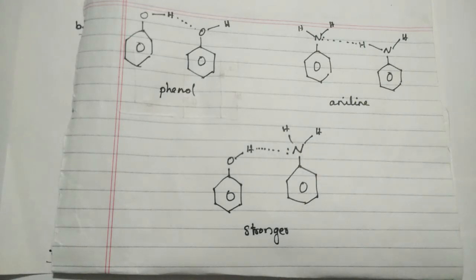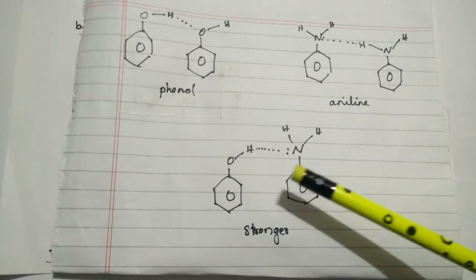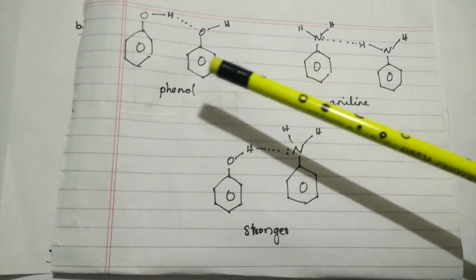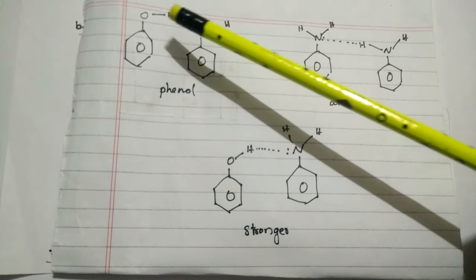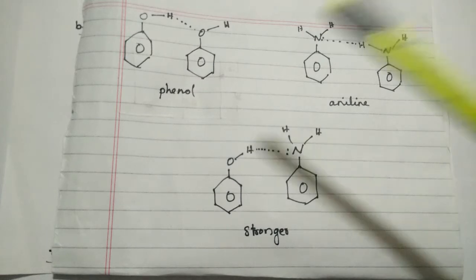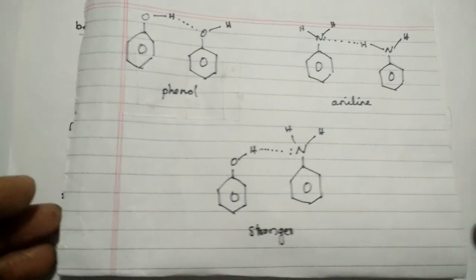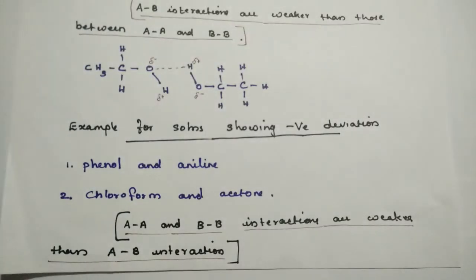The hydrogen bonding in the solution, that is phenol and aniline, is stronger than the intermolecular hydrogen bonding between phenol-phenol and aniline-aniline. So the vaporization is less in solution than in the individual state. So vapor pressure decreases and negative deviation will be shown. Then the next one, chloroform and acetone.